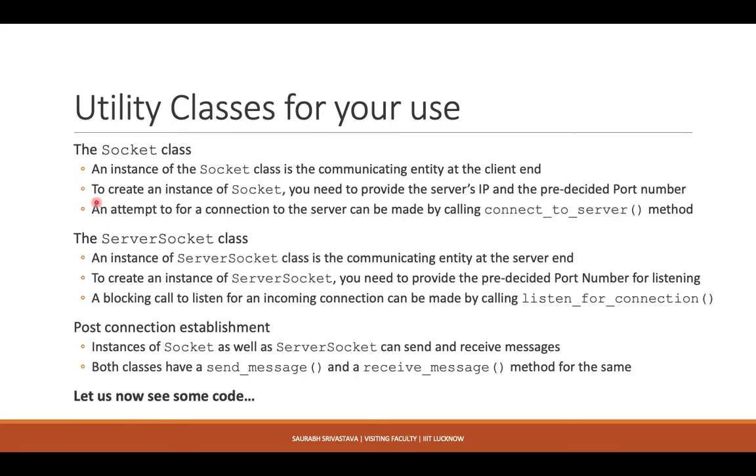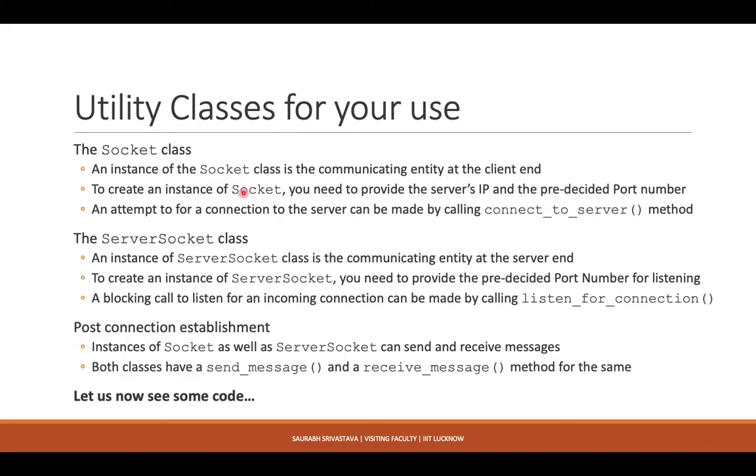So I have created two utility classes for you, because calling these methods in the exact order, handling all the cases where something might go wrong, is slightly tricky at this point of time. So I've just created two classes for you. One is the socket class. The socket class is basically the client socket class, and the instance of a socket class is the communicating entity at the client end.